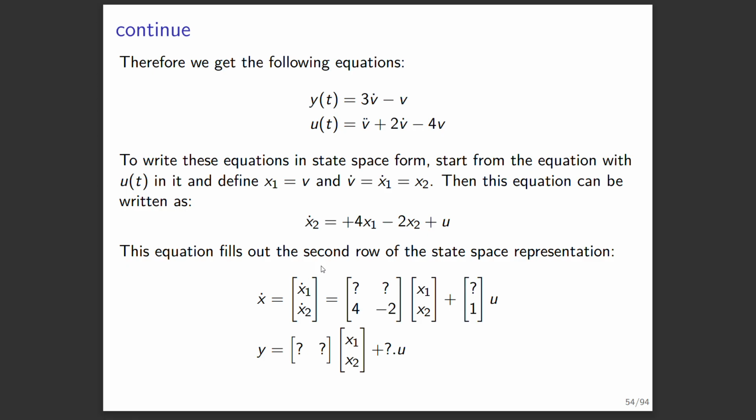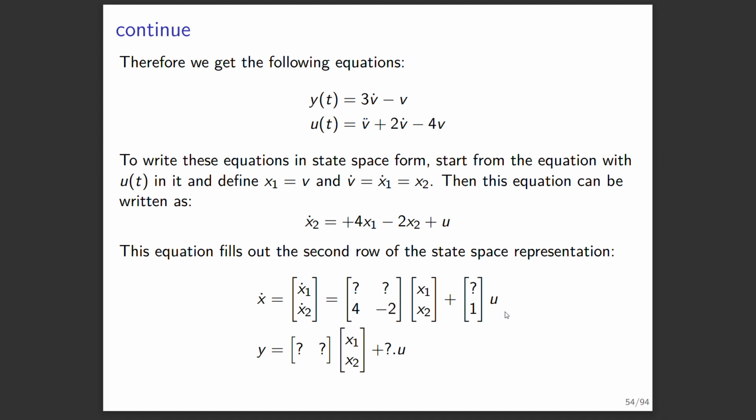How would I write the first row of this equation as well as the output? Well, I want an equation to describe the relationship between x1 dot, x1, x2, and u.